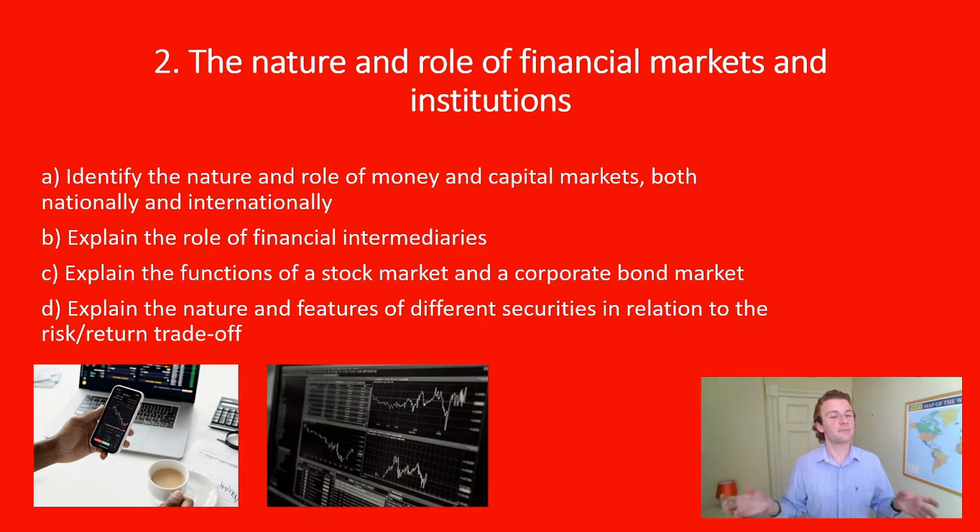Again, it's going to come down to the question you're given, but you've got money markets of short-term borrowing to inject into the private or public sector, versus capital markets on the other hand, where you ask, are we looking at stocks and shares? Are we looking to increase entrepreneurialism within the country itself? And this is where it links into nationally and internationally.